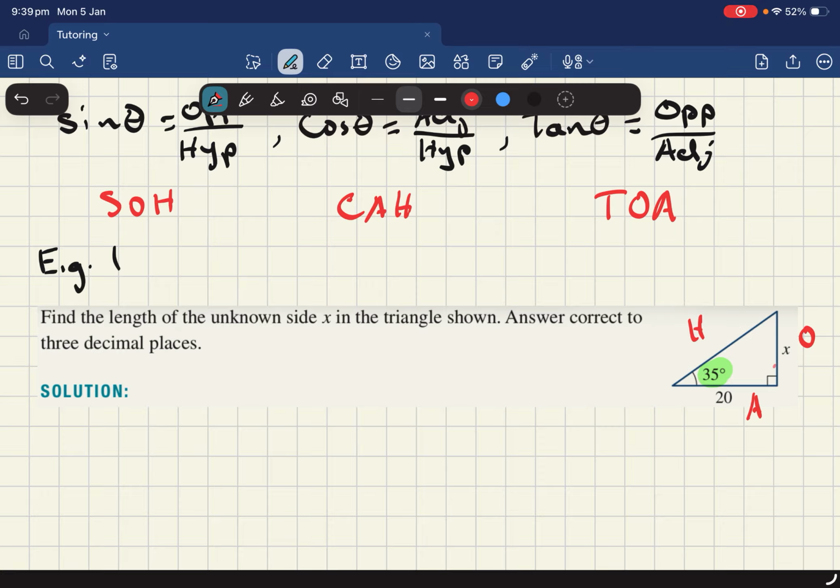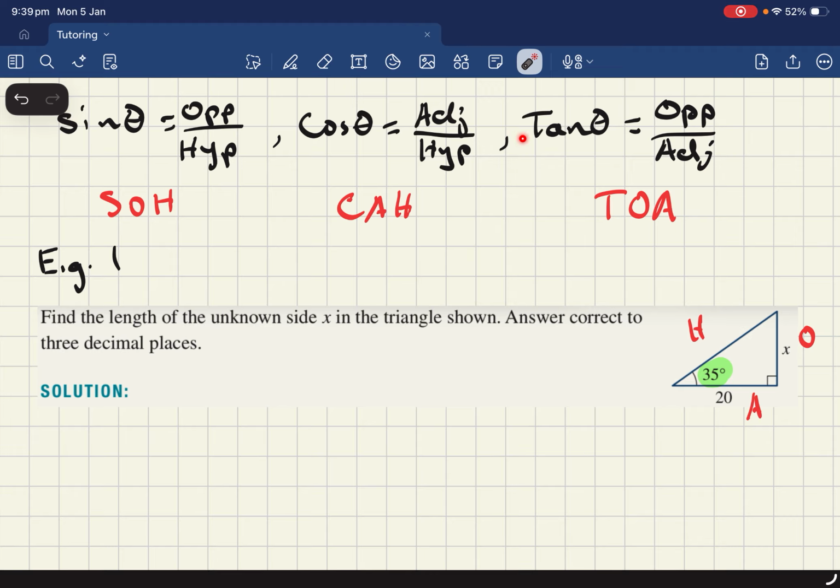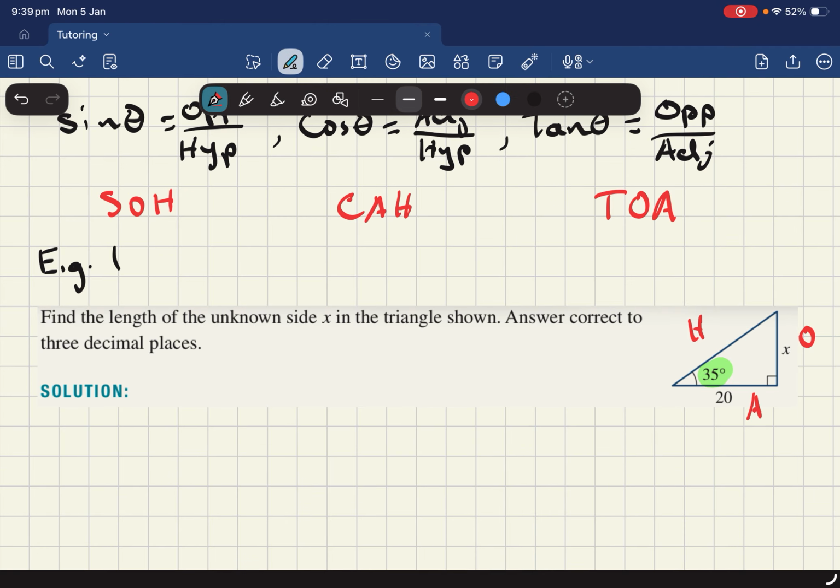We've been given the adjacent and we want to find the opposite. So anytime we have opposite and adjacent, we are dealing with tan. So to show our working out, we can say the tan of 35 degrees equals x over 20. Now, remember, the operation here is that x is dividing by 20.